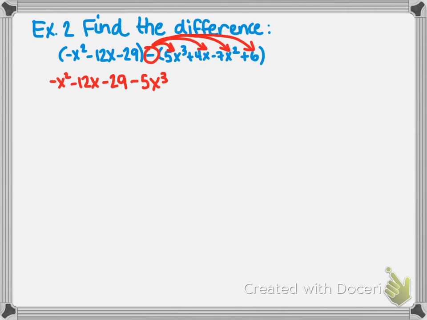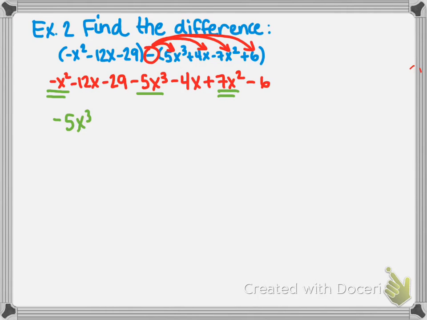So minus 5x cubed minus 4x plus 7x minus 6. Now let's combine like terms. So I'm going to start with my highest degree term, which is my cubic term. So I've got negative 5x cubed. Let's look for the next highest degree, my quadratic terms.